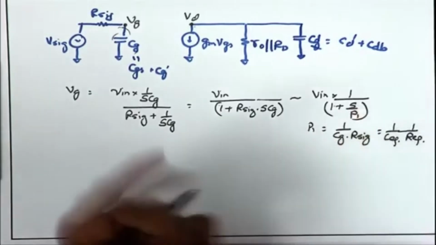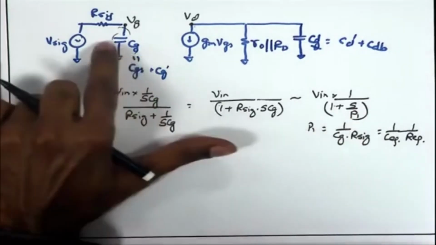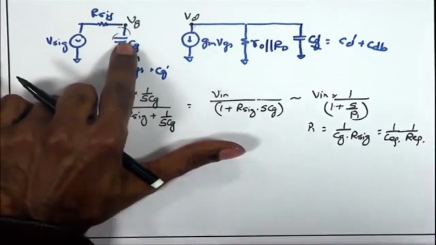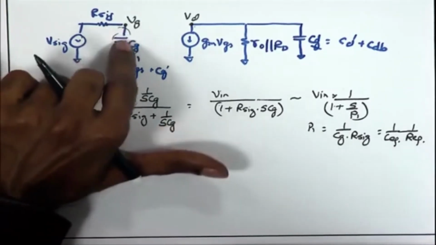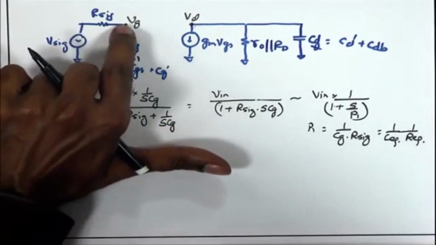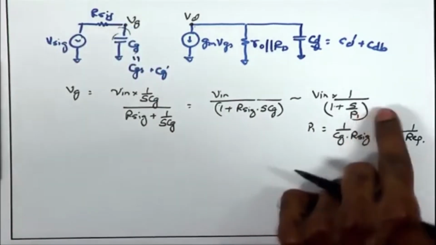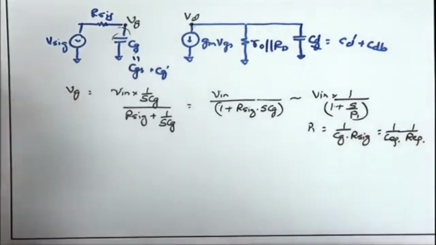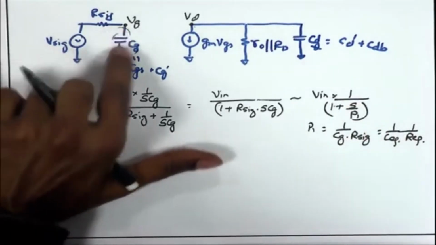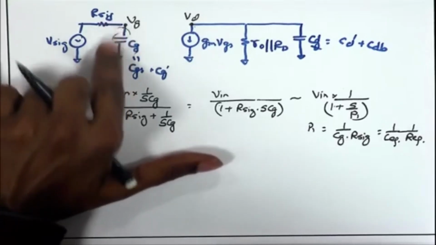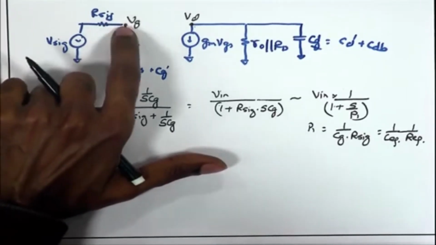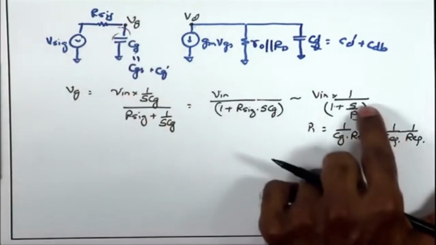If I go towards lower frequency, the CG is almost open circuited because 1 upon omega CG is very large. In that case, there is hardly any voltage division, the entire V signal appears at Vg. That is what this equation is telling me: S tending to 0, Vg equal to V in. Whereas, if we go to higher and higher frequency, the impedance of this parasitic capacitance CG reduces, and as a result Vg is going to fall, and that is also given over here.